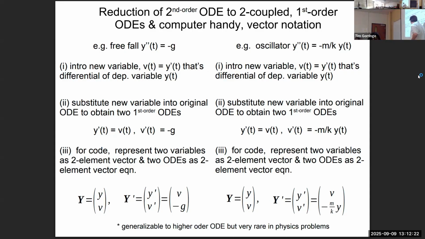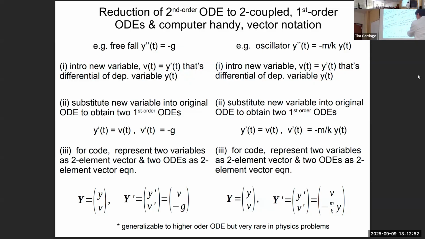And the differential of the lower component, that's v prime, and that equals minus g. So this is my vector notation of the two differential equations. So I've introduced here the language for expressing the two variables and a language for expressing the differential equations that is very handy for the Python coding solving of this particular problem.